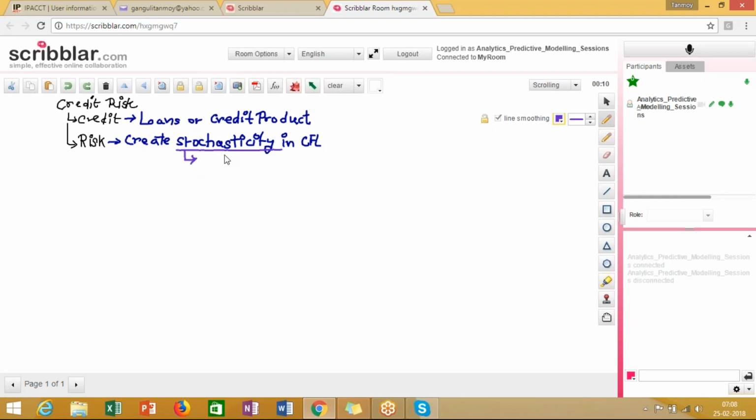So for example, let's think about this very simple thing. Suppose a bank has rupees 100 and the bank has lent out that rupees 100. When the bank gets the rupees 100 back, they'll get, say, 12 rupees as interest at the end of the year.